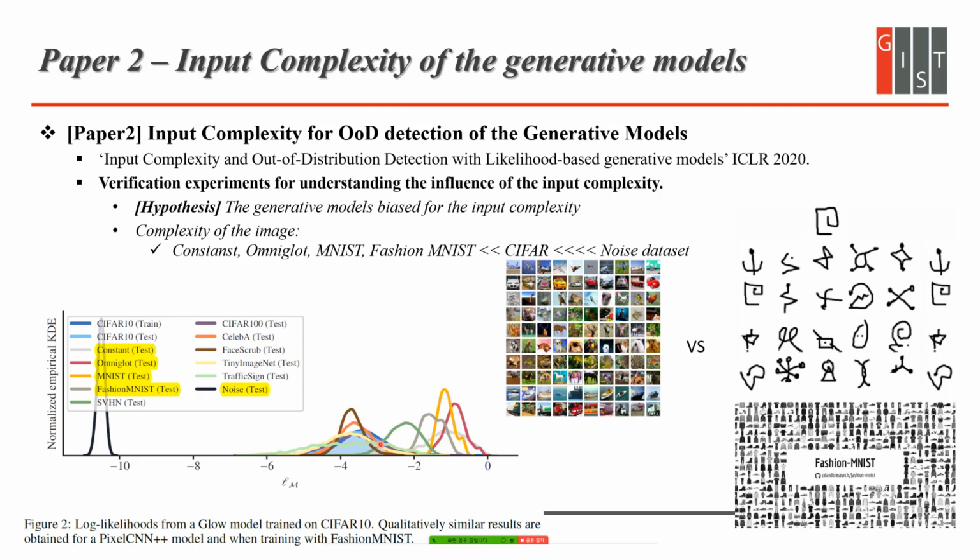Also checking the similar one or the previous one, they show that the more complex ones than the training dataset show lower values.